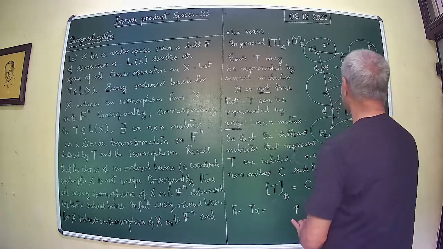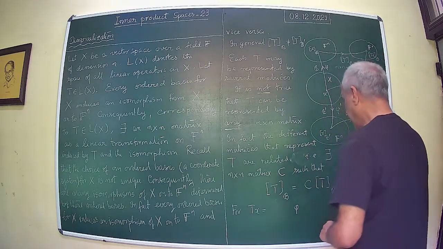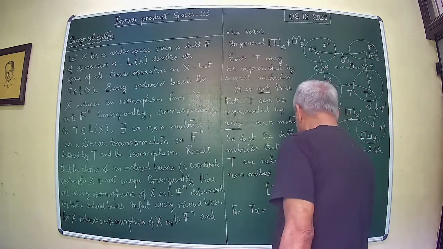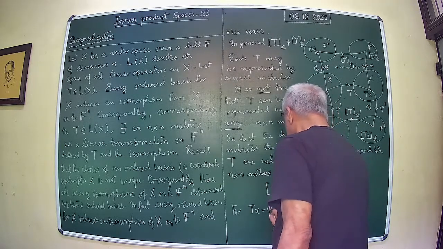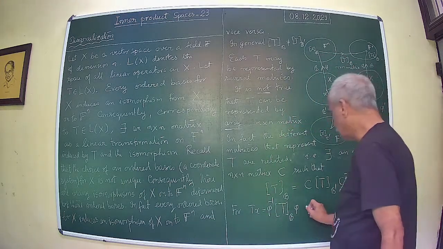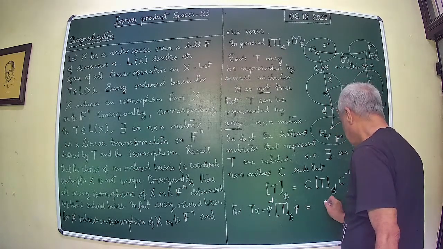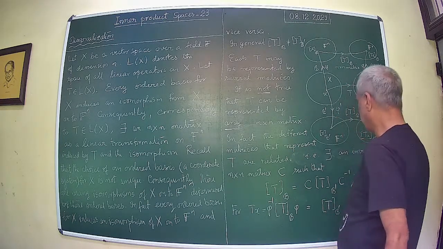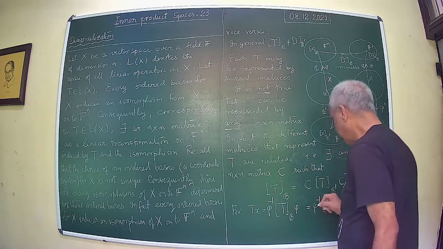This is equal to phi dB phi inverse. This is also equal to Tb prime phi prime phi inverse.